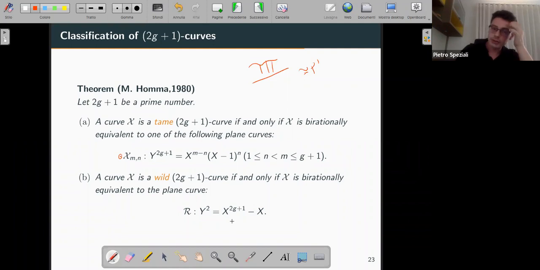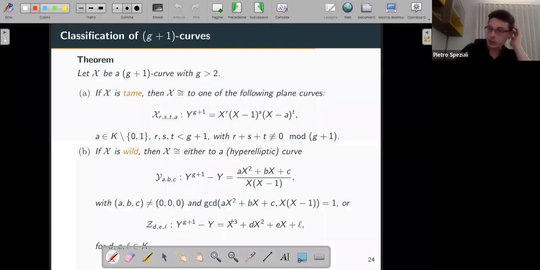So one of the first things we thought was, can we characterize the G plus 1 curves? And actually we did. Here you can see it's similar, but not that similar. For the tame case we have basically this family of curves.